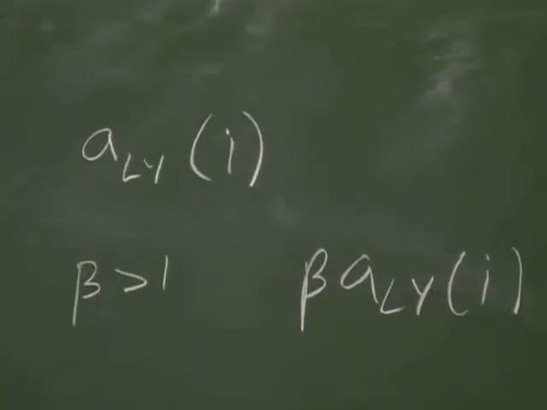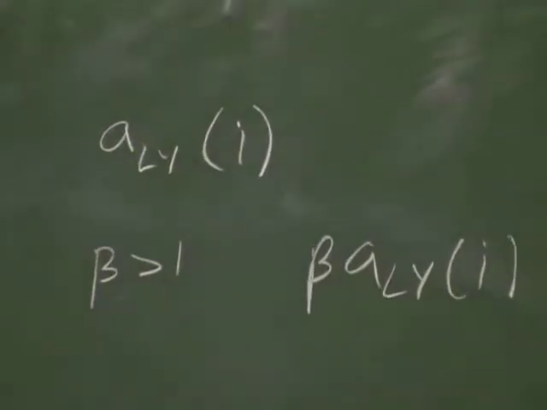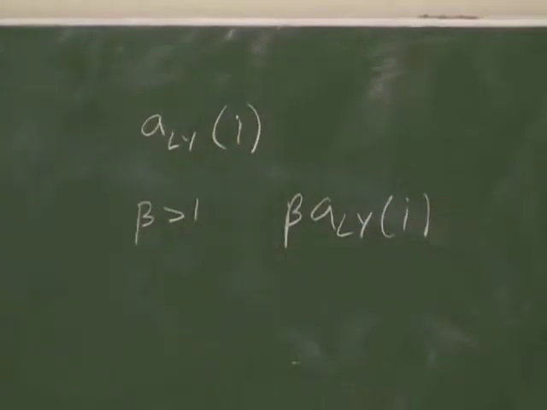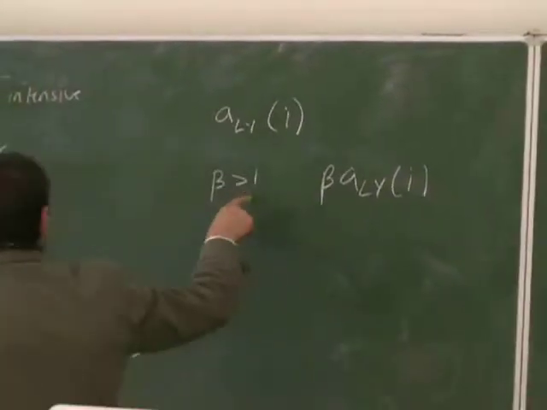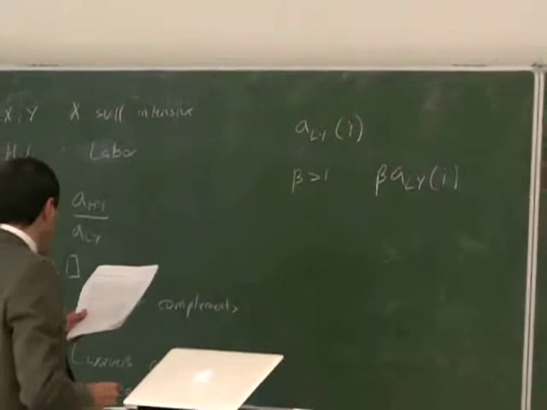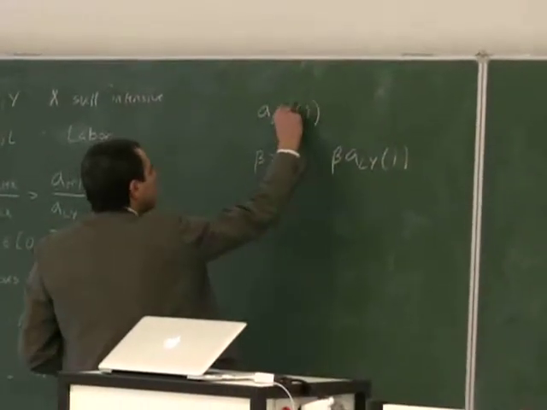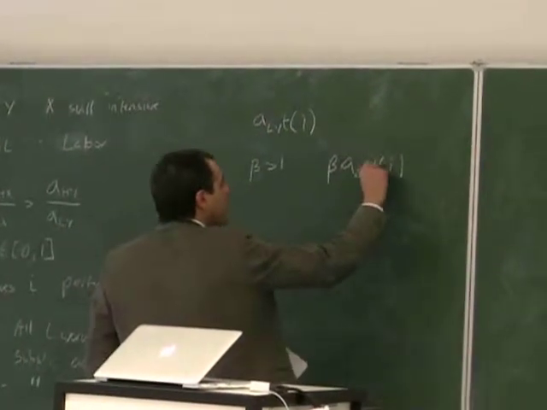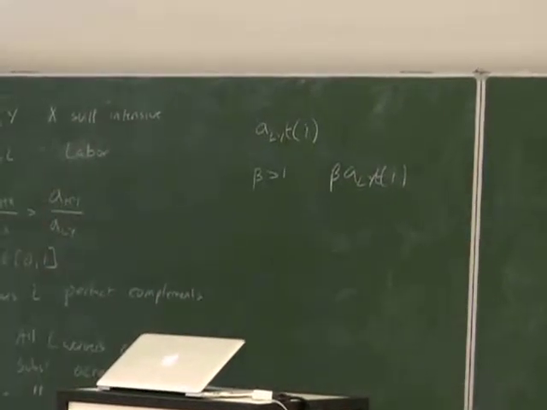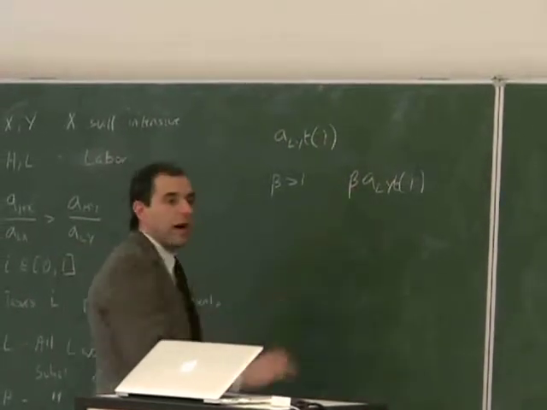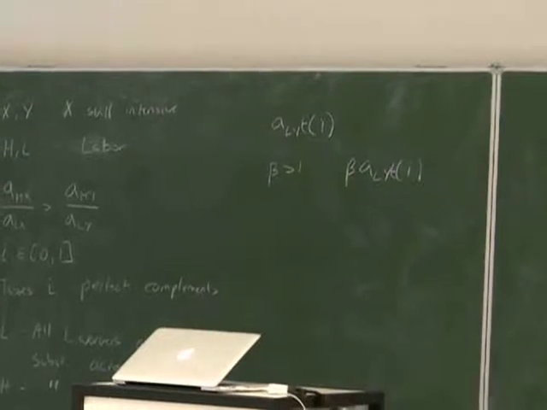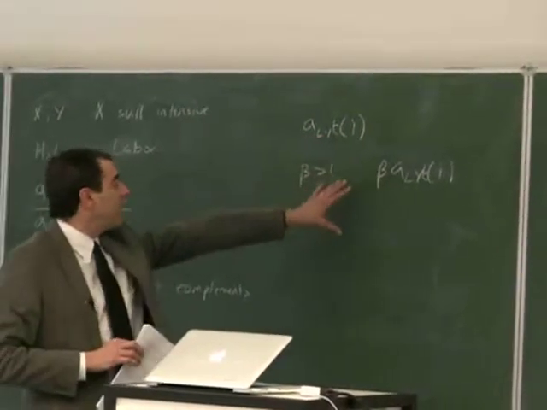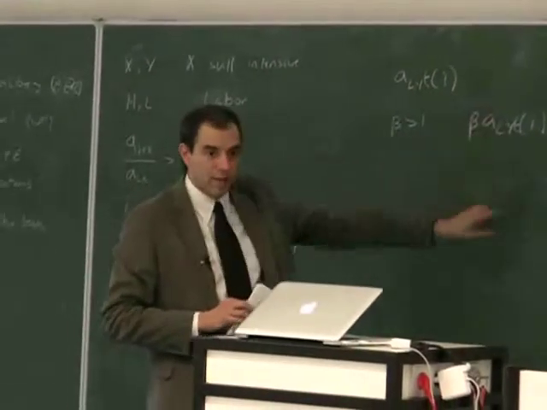So in other words, domestic workers have an absolute advantage in all tasks, right? Maybe I should make a T on that. Why don't I call that T? So I'll put this T, okay? And so if it's done domestically, it takes this much labor. If it's done through offshoring, it takes more labor.